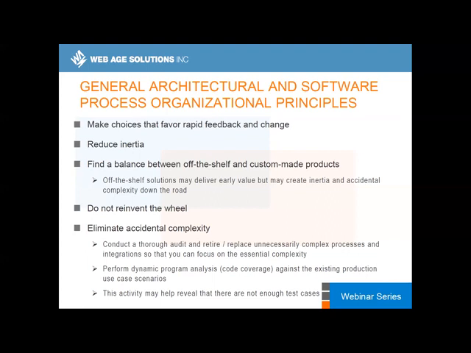You would need to go after some dead code. For that, you would need to do some sort of dynamic program analysis. You run your application in your testing environment, test it using some sort of automation tools, Selenium, whatever you have, and you check which part of your system has never been touched, which is an indication that particular code has probably been left as dead code, not used anymore.